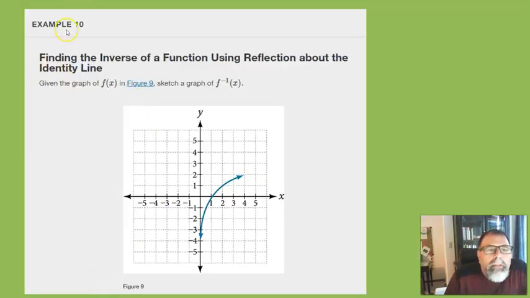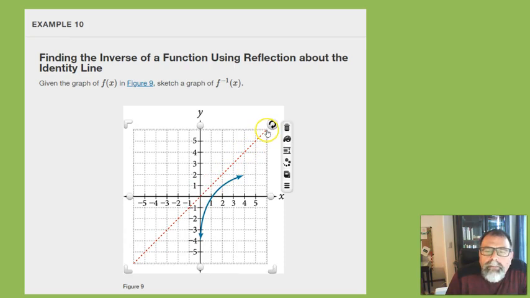Okay, let's look at example 10, finding the inverse of a function using reflection about the identity line. Remember, the identity line is y equals x. So I start out with negative 6, negative 6, negative 5, negative 5, so x and y are the same coordinates: 0, 0, 1, 1, 2, 2, up to 6, 6.